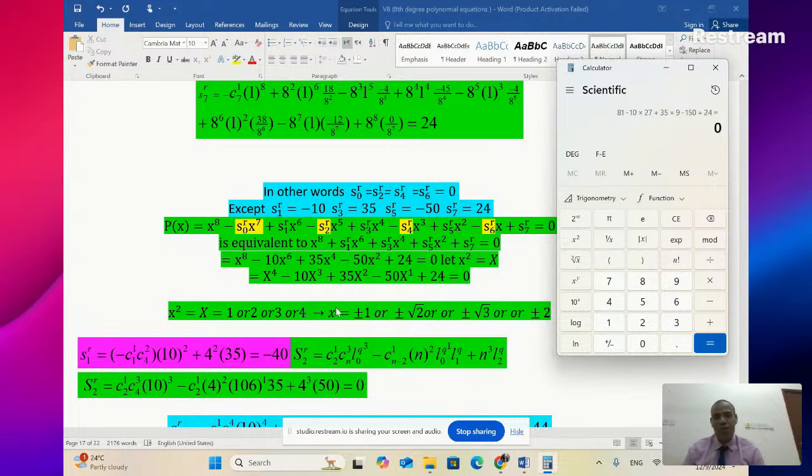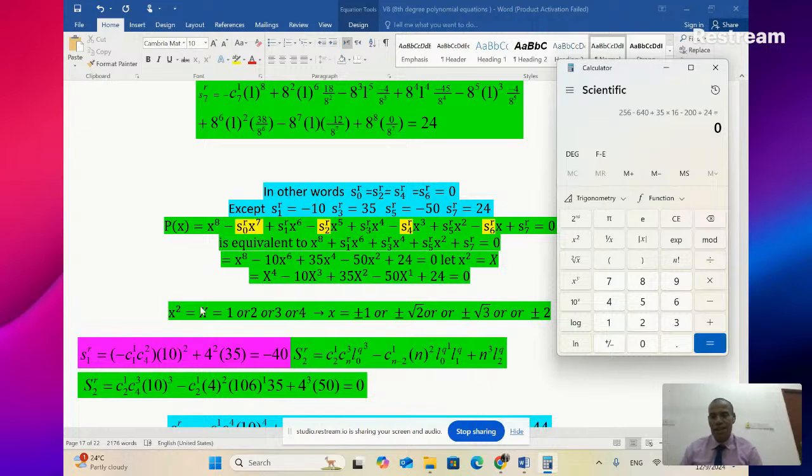Let's focus on 4. 4 is a root, of course. 4 raised to the power 4 is 256, minus 10 multiplied by 64, which is minus 640, plus 35 multiplied by 16, then minus 200, because 50 multiplied by 4 is 200, plus 24.